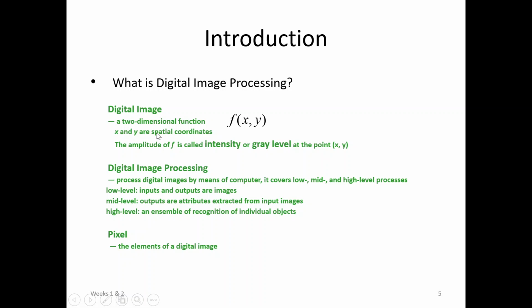Spatial means here we are talking about resolution. The amplitude of f is called intensity or gray level at the point (x,y). So ultimately, this pixel value, this intensity value, represents the amplitude value of that signal, and that amplitude value can be calculated with the function f(x,y).